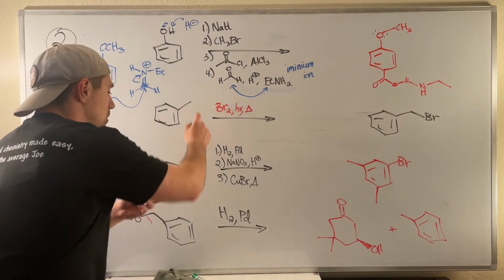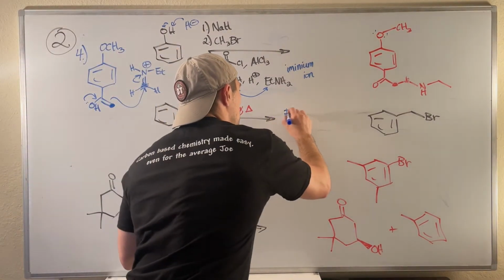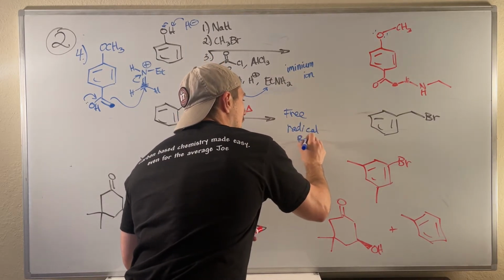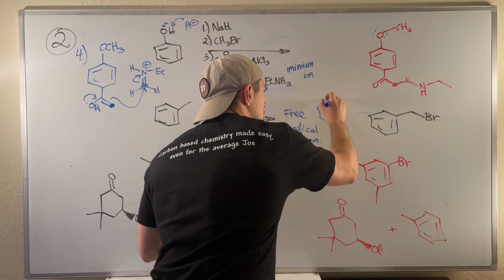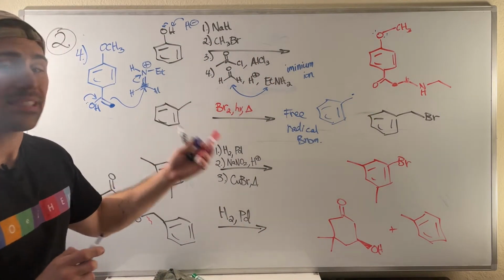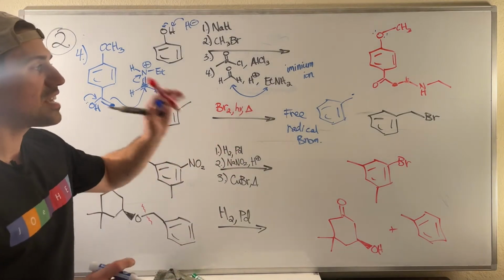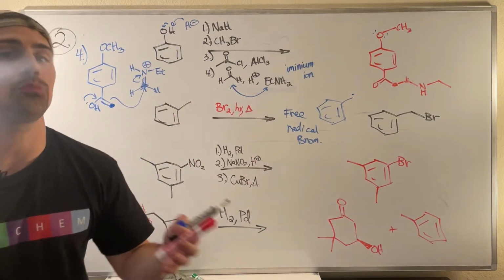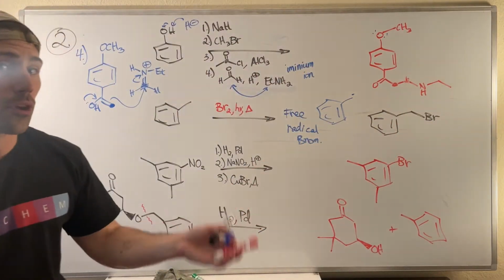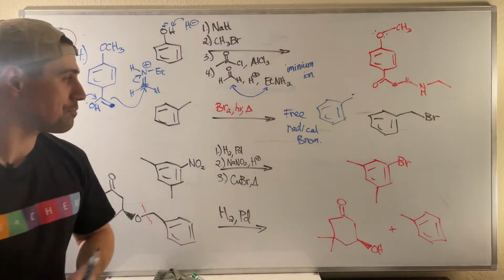You can just use the free radical bromination here because remember that this goes through a radical intermediate. And because that's in the benzylic position, that's a benzylic radical, this thing has tons of resonance available. It's super stable. So this is a very easy, high yield way of putting a bromine on that particular spot.